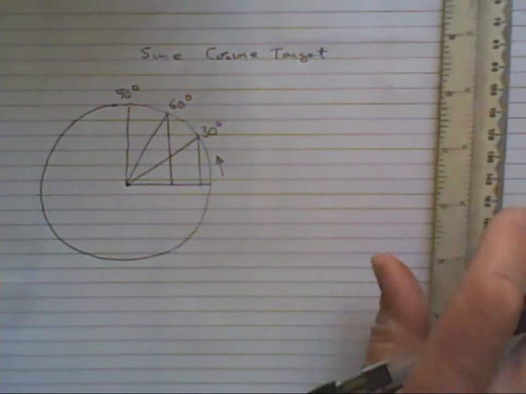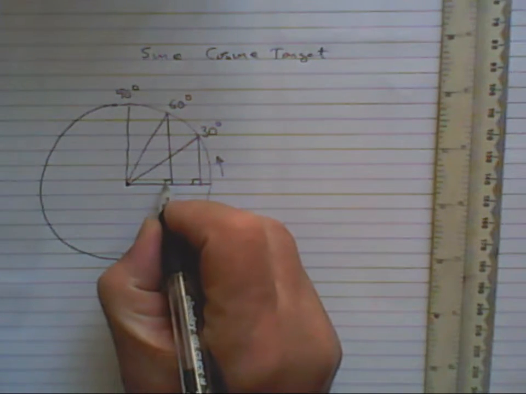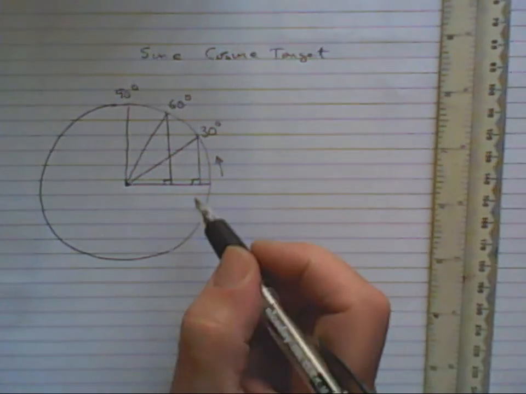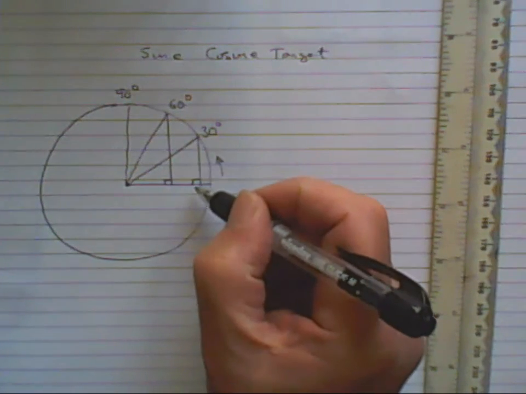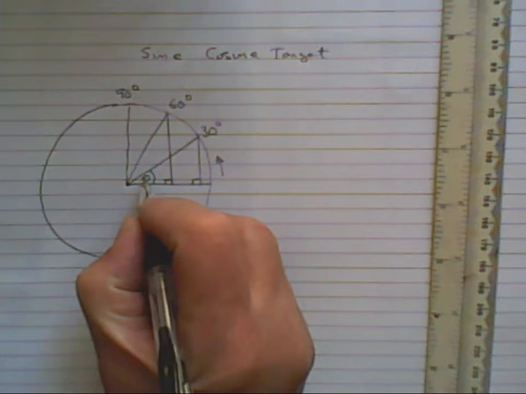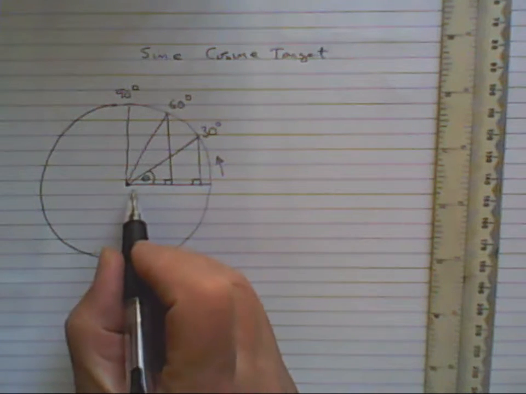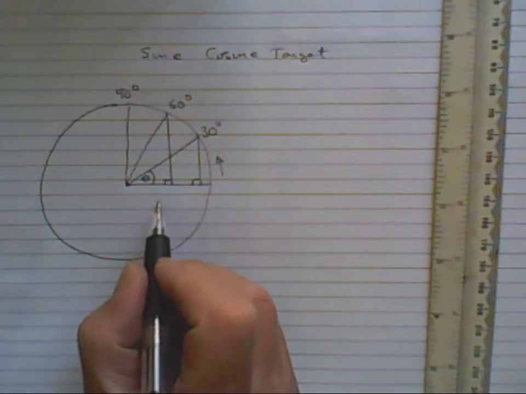This is a right angle, this is a right angle, and this is the angle we're talking about, theta. As the opposite side to the angle increases in length, the adjacent side decreases in length.